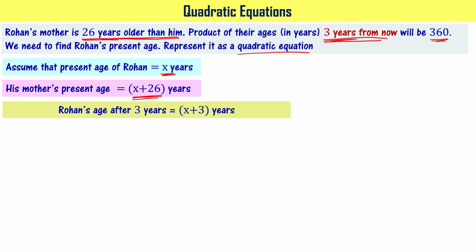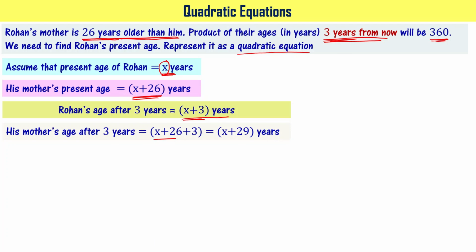Rohan's age after 3 years is going to be x plus 3 years, right? I have to add 3 to the present age x years, meaning after 3 years, he is going to be x plus 3 years. So Rohan's mother's age is going to be x plus 26. This is present age plus 3, right? x plus 29 years. Meaning after 3 years, Rohan's mother's age is x plus 29.